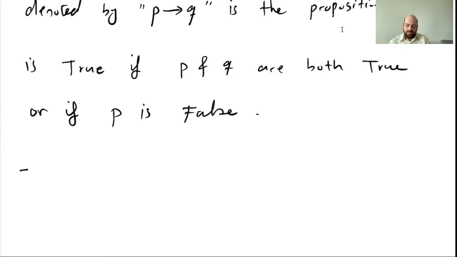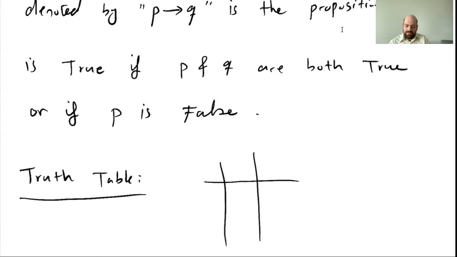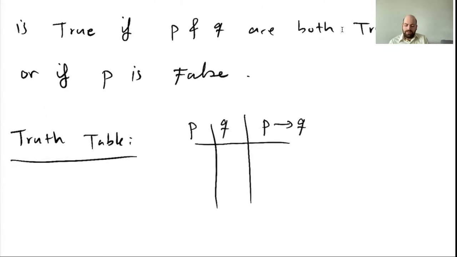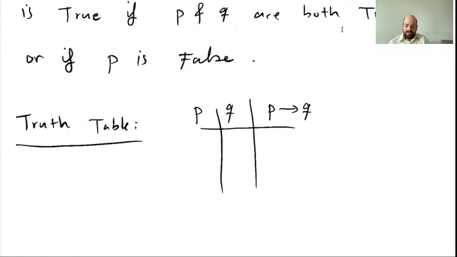Okay, so the truth table looks like this. We have P, Q, P implies Q. If P is true and Q is true, if both are true, by definition, P implies Q is also true. If P is true and Q is false, I cannot conclude something false from something true, so this would be false.